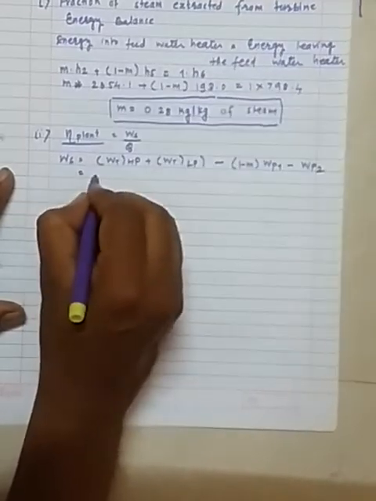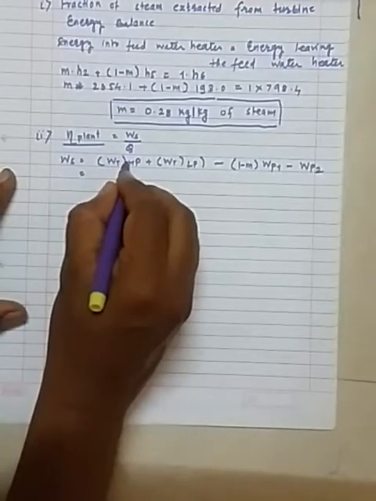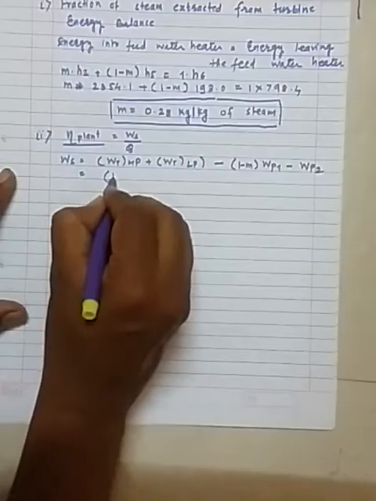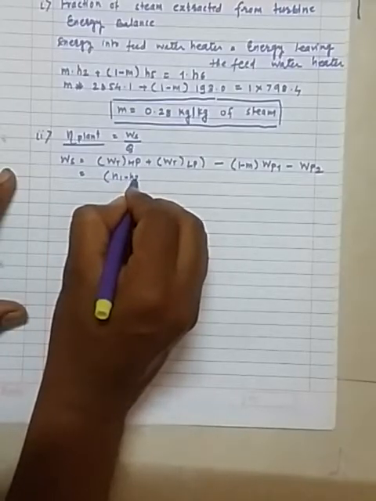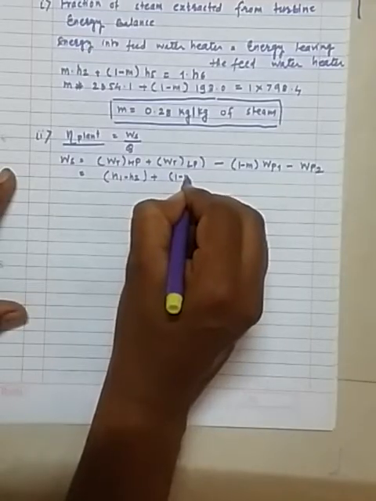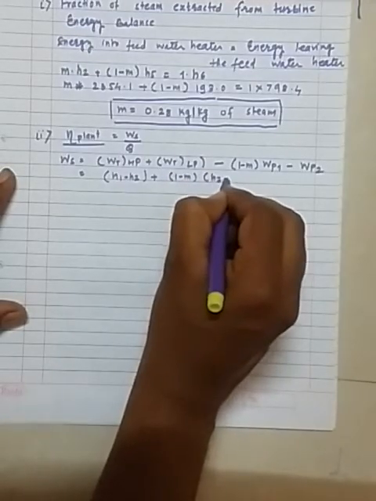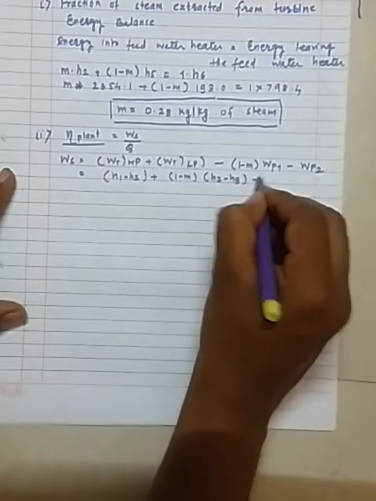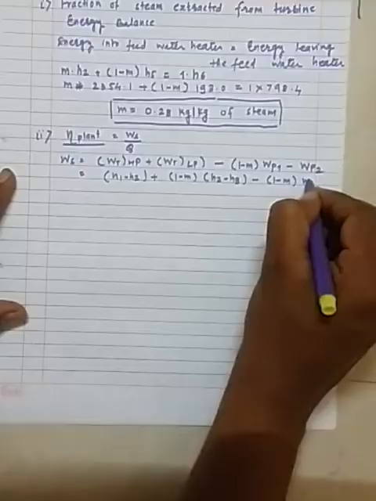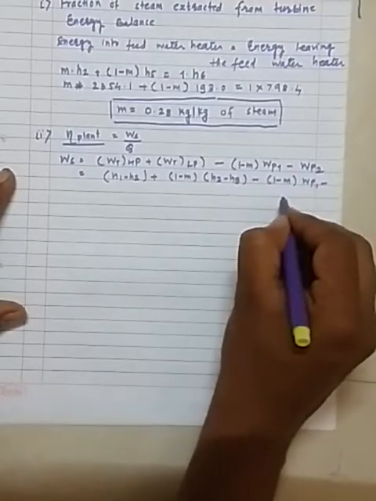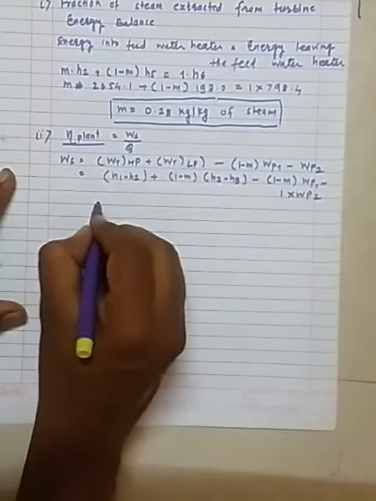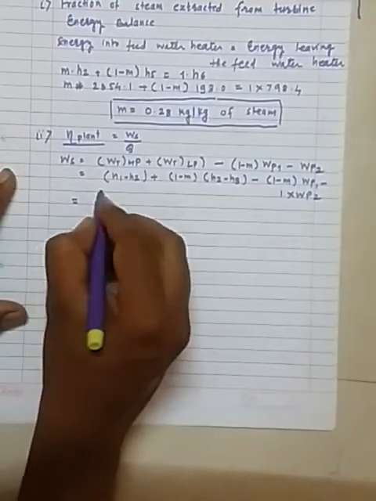First I can write the HP turbine work, is 1 into (H1 minus H2), plus the low pressure turbine work, again (1 minus M) into (H2 minus H3), minus (1 minus M) into first pump work, minus 1 into second pump work.